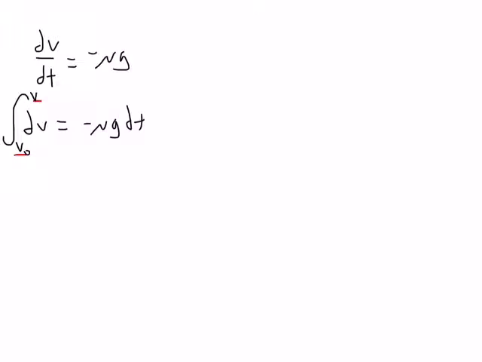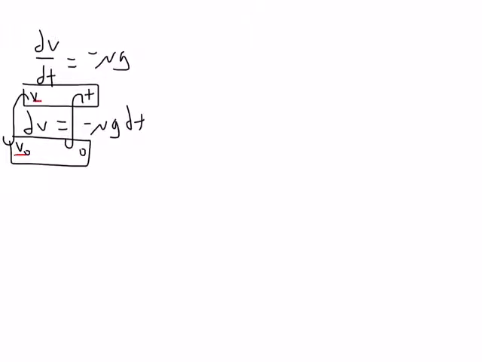In terms of time, our integral is fairly similar. We start at t equals 0, and we end at some time later t, right? So these things are sort of paired up. At t equals 0, we're traveling v0. At time t, we have velocity v. So one side of the integral is quite easy, right?